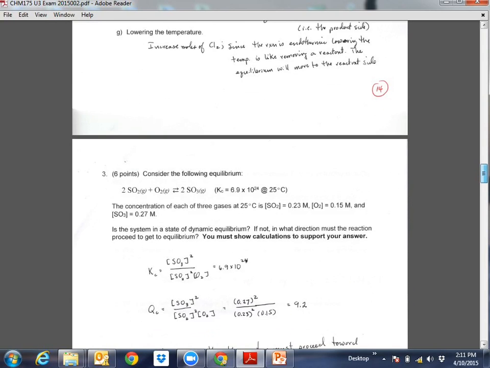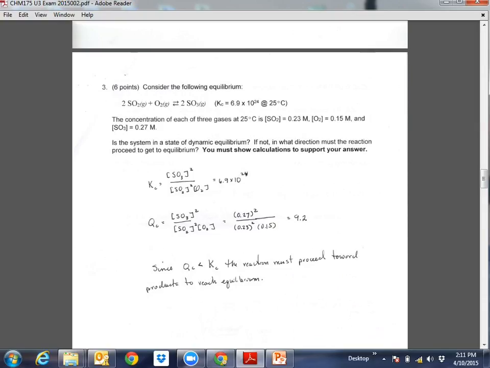Okay, the next problem was one where I give you some snapshot concentrations of everything, and you're supposed to say, is it at equilibrium? And if it's not at equilibrium, which it wasn't, which direction does it need to go?